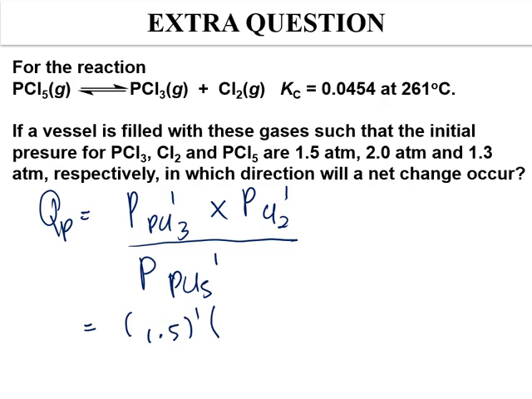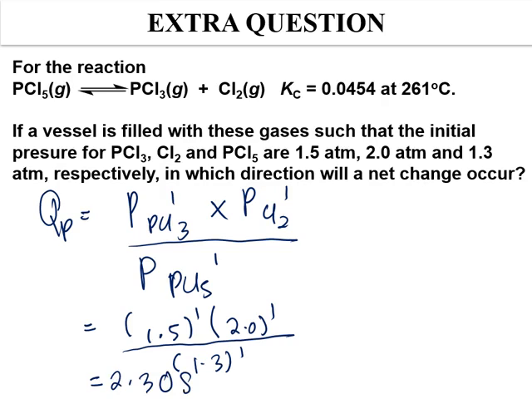Pressure of Cl2 is 2.0 to the power of 1 divided by pressure of PCl5 is 1.3 to the power of 1. So the value for the QP is equals to dapat berapa? Cuba kira. Dapat 2.308 betul? 2.308. No unit for the QP value.